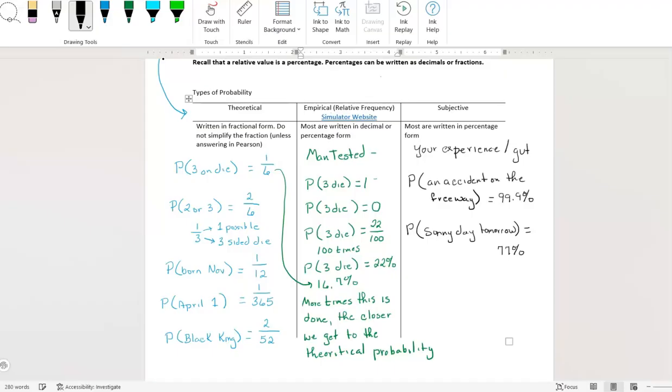Notice that your subjective probabilities most likely will be written as percentages. Your empirical probabilities are either sometimes a fraction, a percentage, or a decimal. Your theoretical probability is always written in fractional form. So those are the three types of probabilities as we talk about the whole idea of probability.